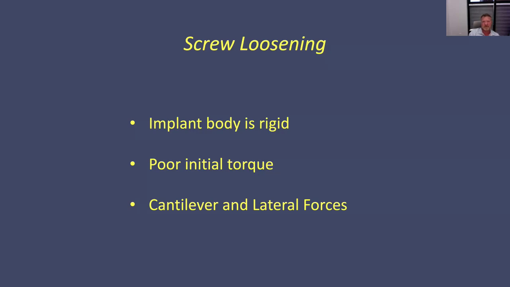So if it was stripped at delivery, but it was tight enough to work, that means that the restoration wasn't torqued in properly. And then cantilever and lateral forces can cause it as well. We've talked about how to set the restoration up better, but sometimes the actual restoration doesn't fail. The screw itself and that retention complex will start to fail.